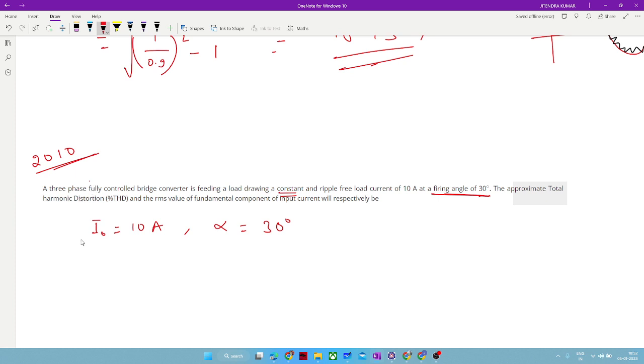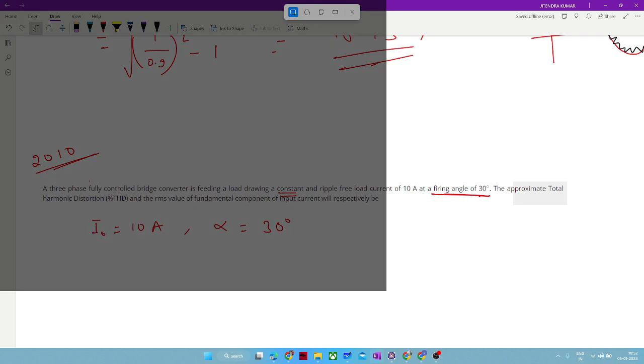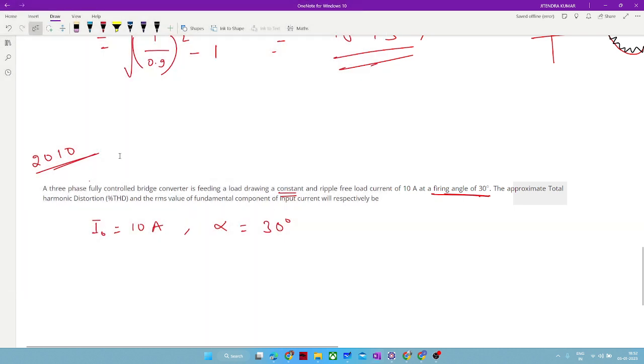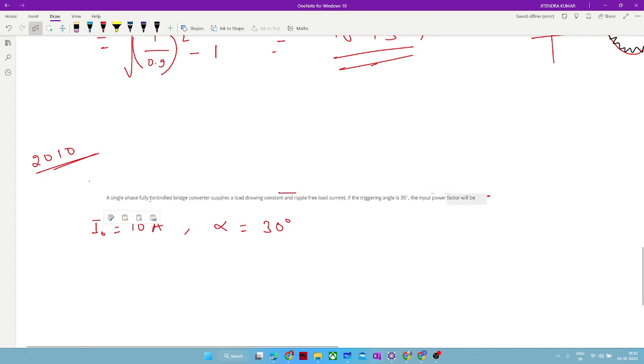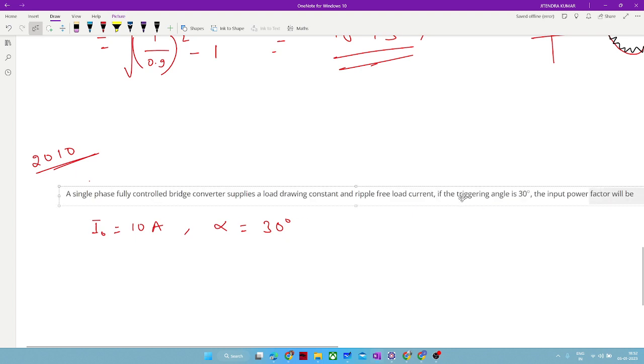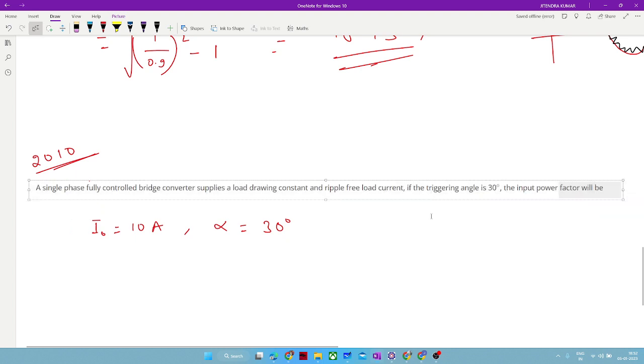Oh, sorry, I took the question from three-phase. So this is based on single phase. They are asking about input power factor. Again, alpha is 30 degrees, same.